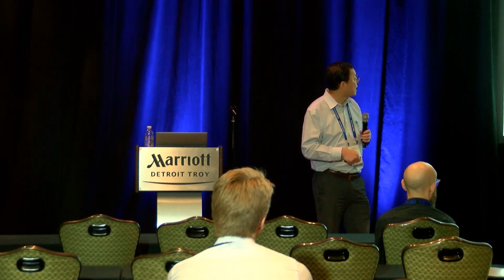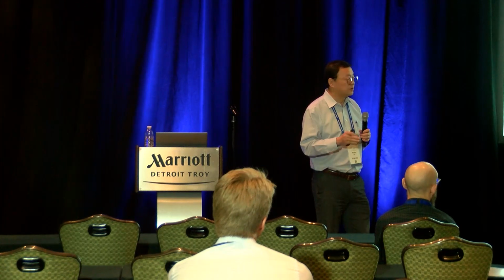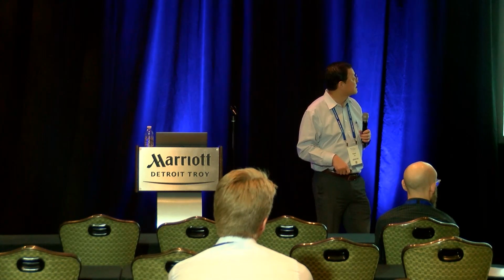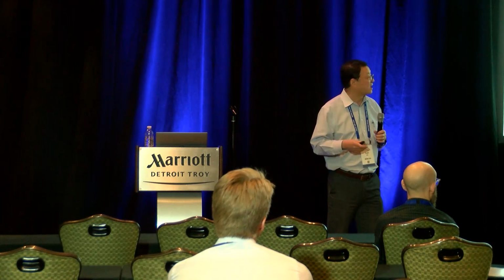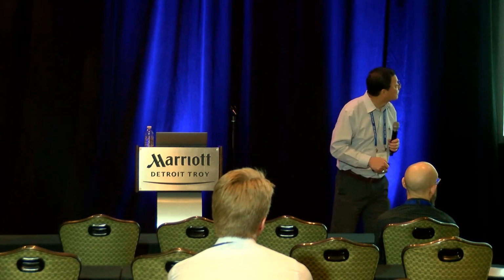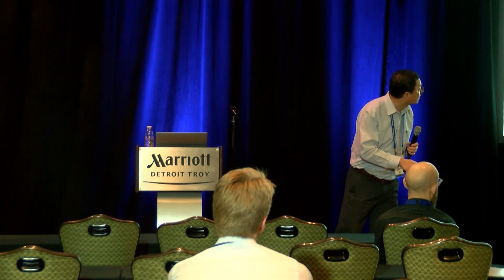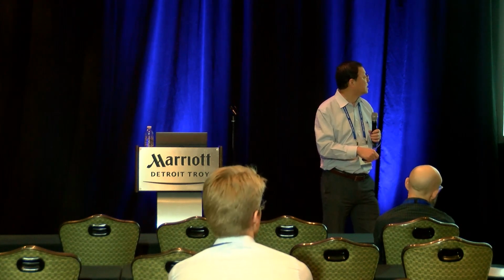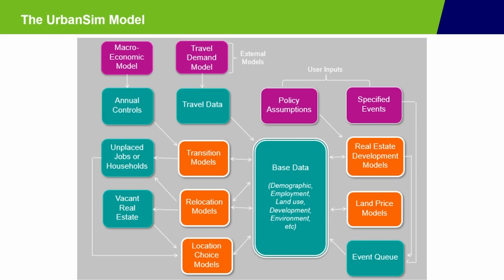There's a relocation model to deal with people relocating within the region, and the location choice models put them into the right places by calibrating your models. And there's a land price model, and based on that, you have a developer model to develop additional buildings, whether it's residential or commercial, industrial, institutional, to accommodate future growth or people moving around.